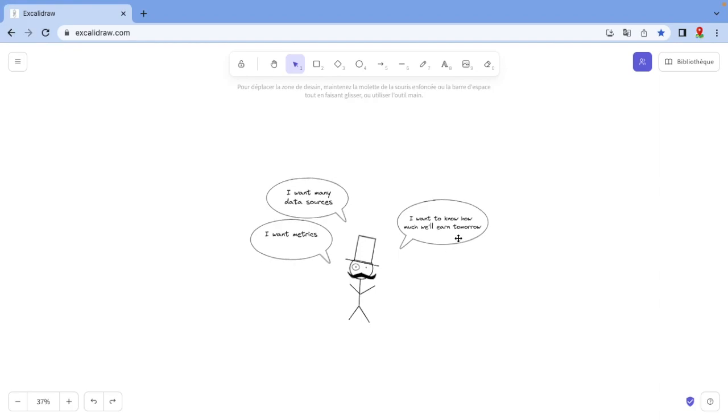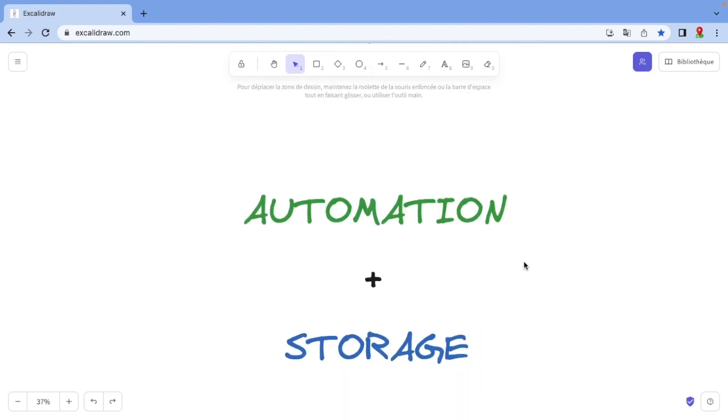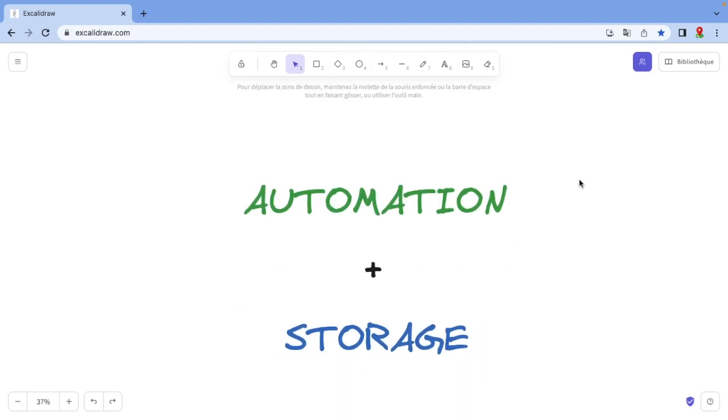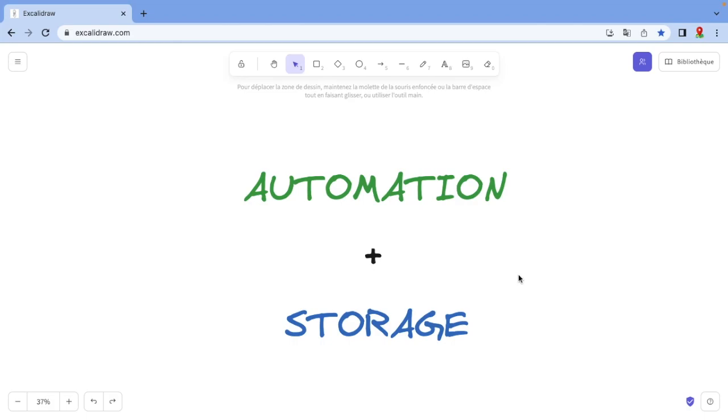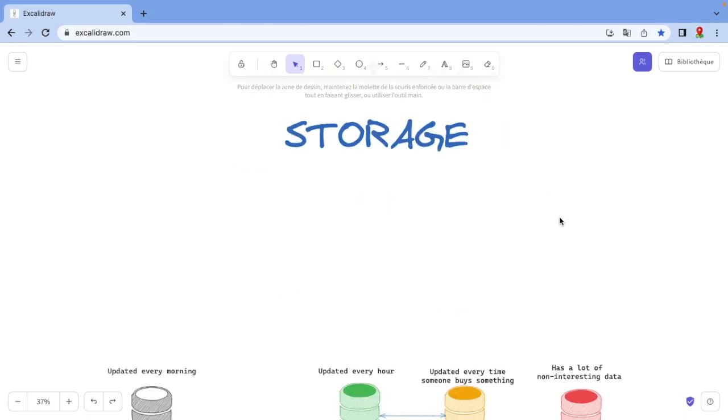Here we have machine learning, probably. So, automation plus storage. Actually, in the previous scenarios, we have already mixed these two features, but in this scenario, we have something a little bit more complex, as the stakeholder has asked.